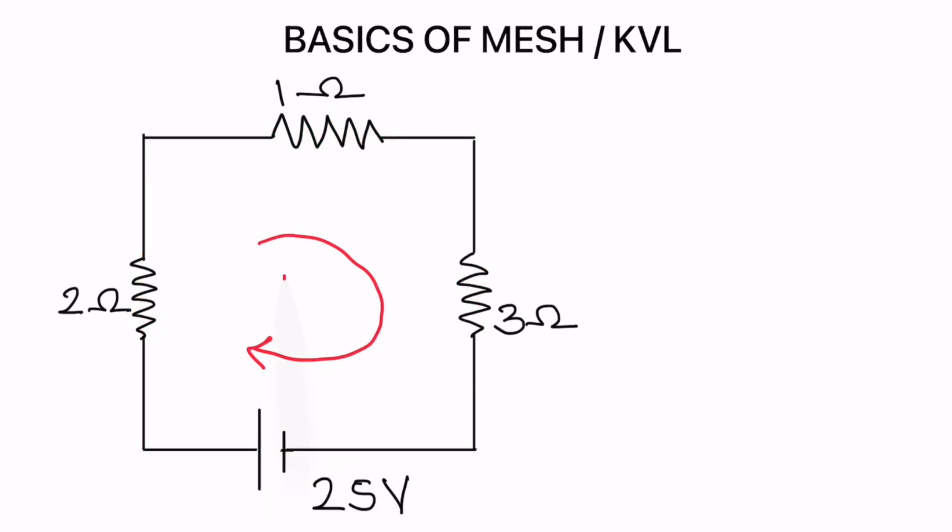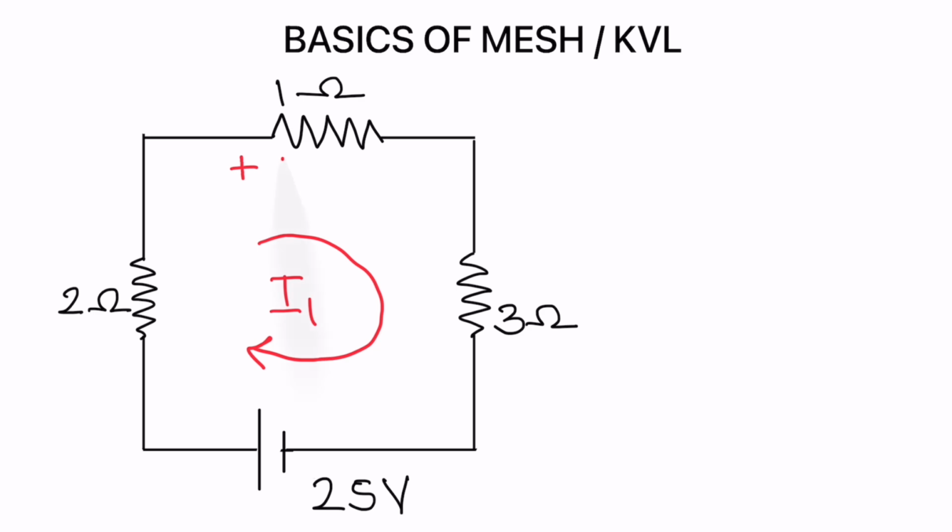Let us assume I1 is a clockwise current which is flowing through this particular circuit. So we have to write down the equation in a clockwise direction only. Let us quickly see what are the voltage drops that will be produced across the resistors.